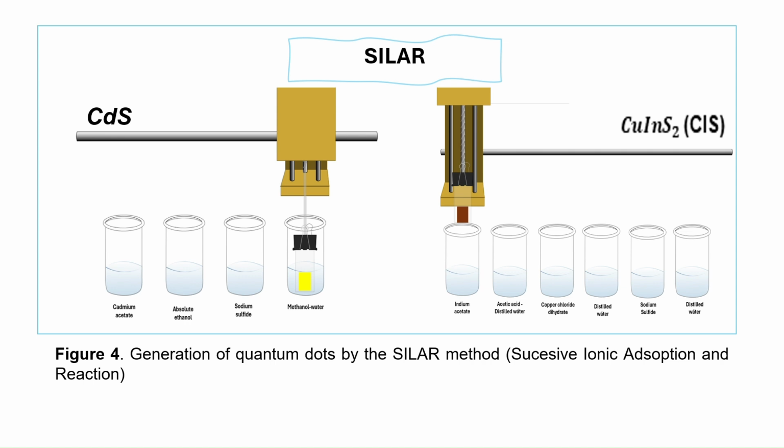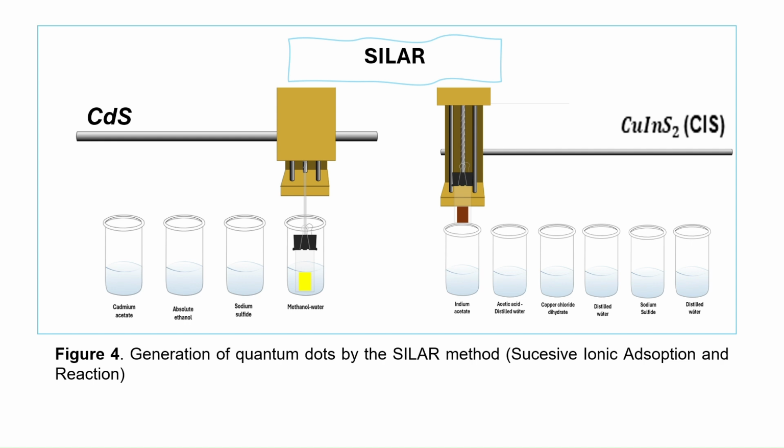It is allowed to drain again, then it is immersed in the sodium sulfide precursor. It is drained again, and finally it is immersed in the methanol water solvent, and it is allowed to drain out of solution. This whole process is considered as a complete cycle for CIS quantum dots.